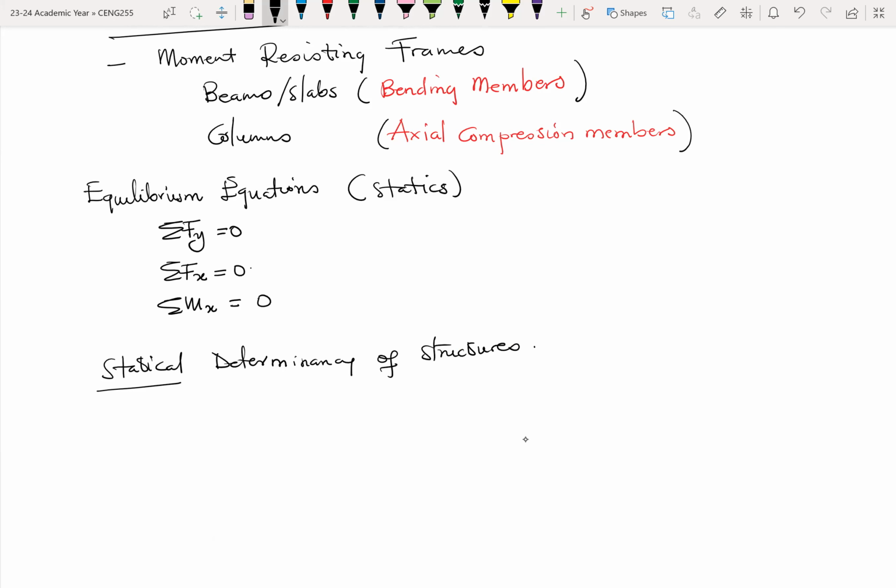If a structure is statically determinate, what that simply means is that the three equilibrium equations are sufficient in analyzing that problem.